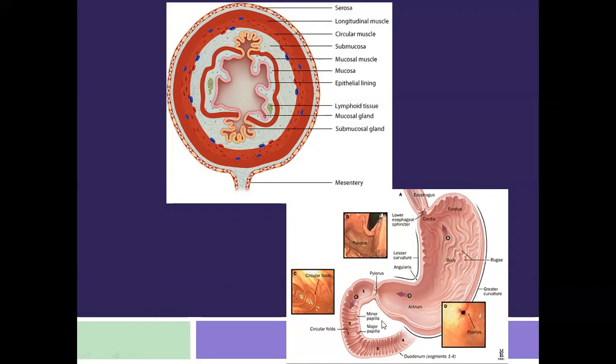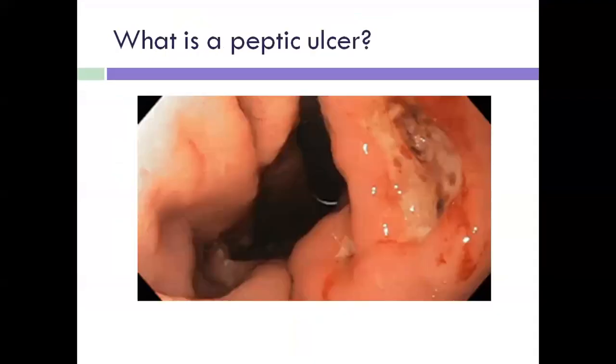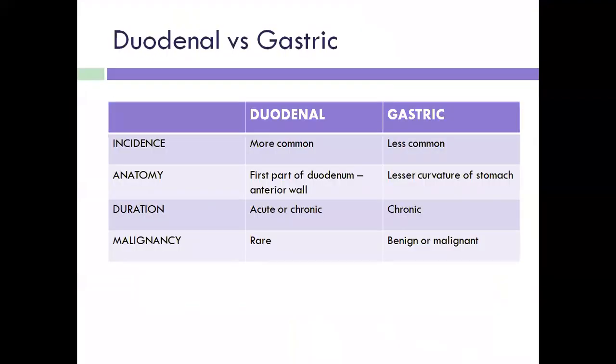This problem is more often seen in the duodenal part rather than the gastric part. Therefore, gastric ulcer is not so prominent as duodenal ulcer. This is the difference between duodenal and gastric ulcer. The incidence rate of duodenal ulcer is more common than gastric ulcer. Why?